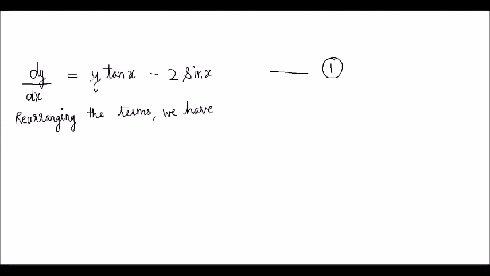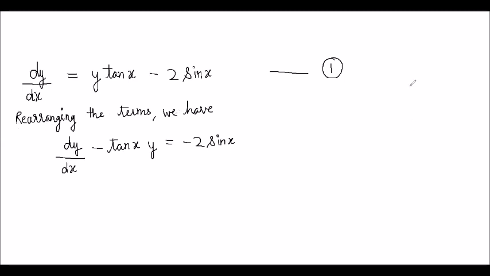So we will be taking this term on the left hand side: dy by dx minus tangent x y, and this will be our q, minus 2 sine x. We have written it in the standard form.